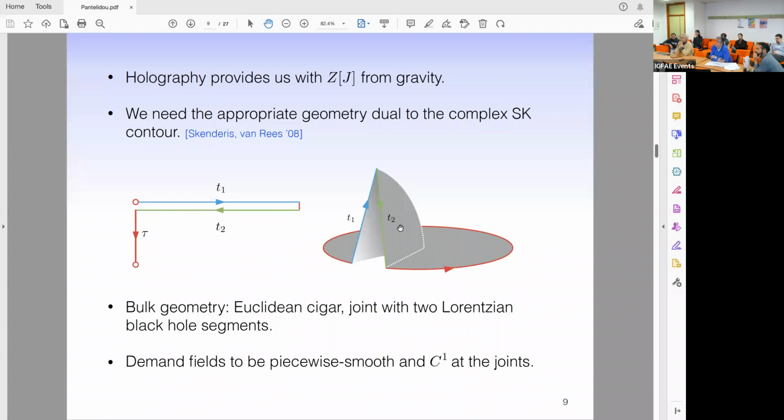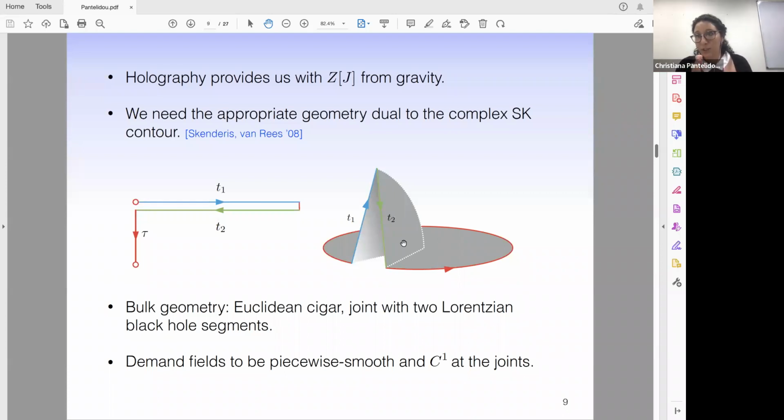So the boundary dips into the bulk. I mean, these T1 and T2 curves, you say they're reaching inside the bulk to some finite radius surface. So they're leaving the boundary or something like that? No, so just think of this as a piece of a Schwarzschild black hole in the simplest case.